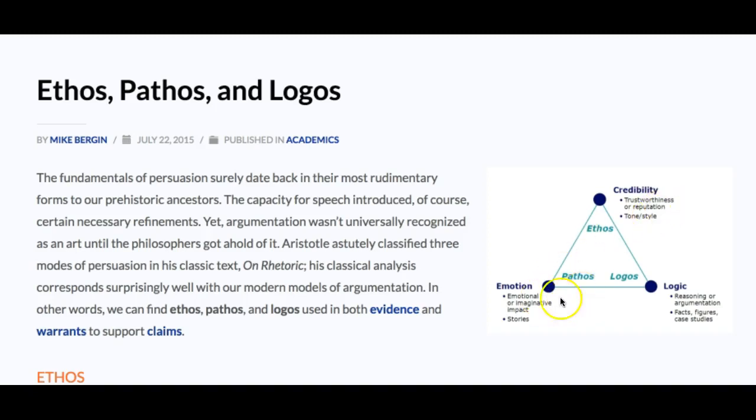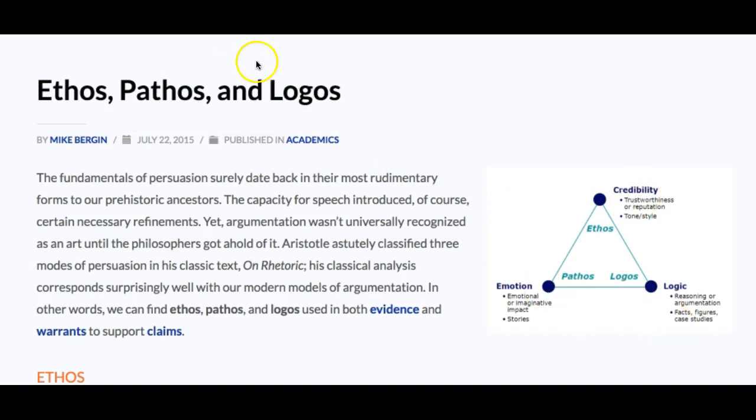Pathos is the emotion. Are you able to persuade through the emotional piece using stories? Logos is logic: do you use statistics, facts, figures, case studies, research, reasoning, so that it just plays out in a natural order? If you're not sure exactly how to look at these, just look at ethos, pathos, and logos: credibility, emotion, or logic.